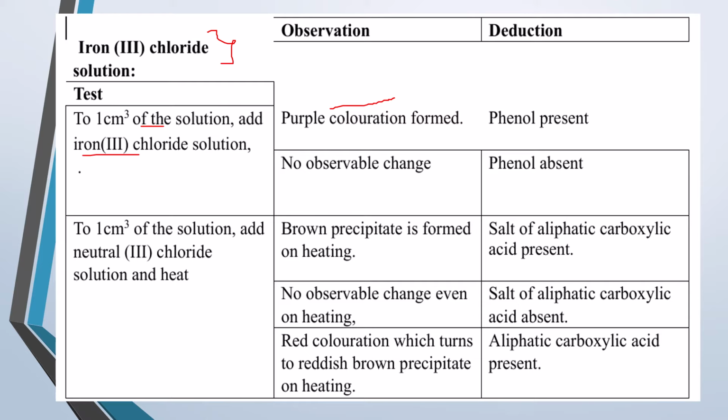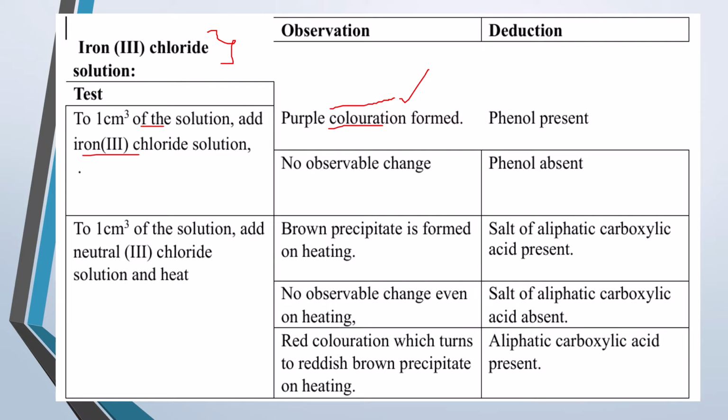Now there's a difference between a purple coloration and a purple solution. Some of you write purple solution, but that's not a purple solution. Actually, it's a violet solution. It's a violet solution forming a purple coloration, but it's not a purple solution. You need to differentiate the two. So here the most appropriate observation is a purple coloration formed.